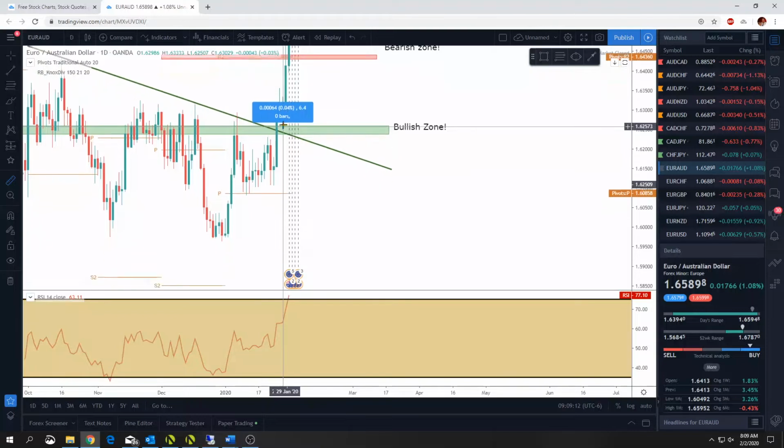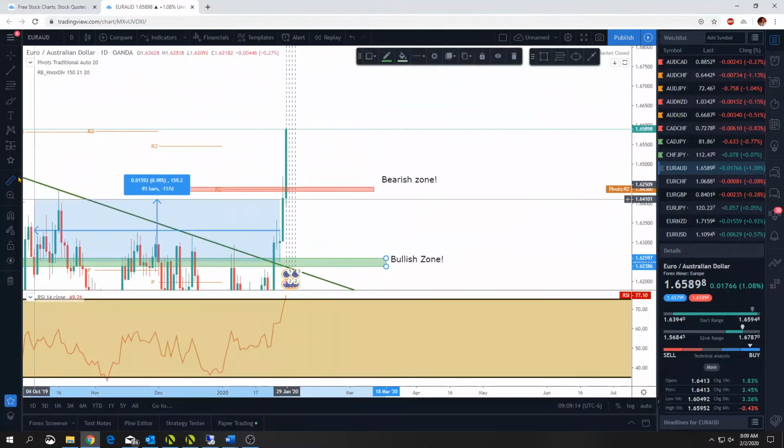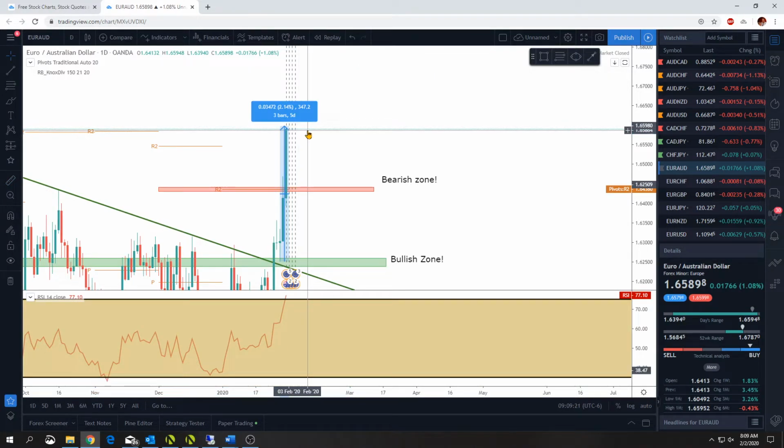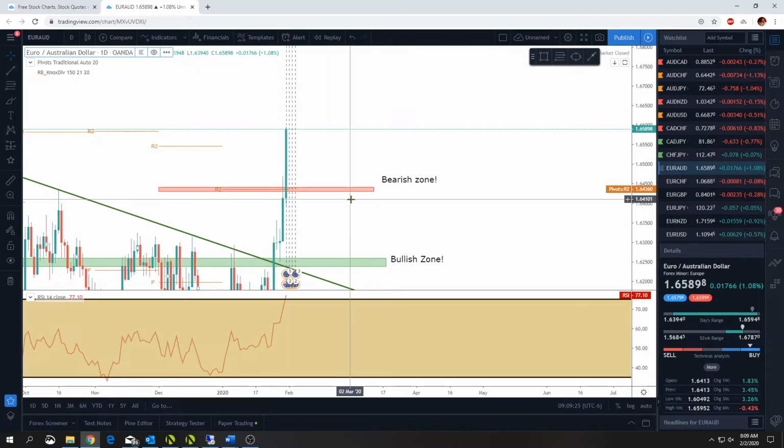If we measure, for hold on. What are we doing here? That's 347 pips that we would have gotten there. So great trade, from 62,657 all the way up to 65,898.